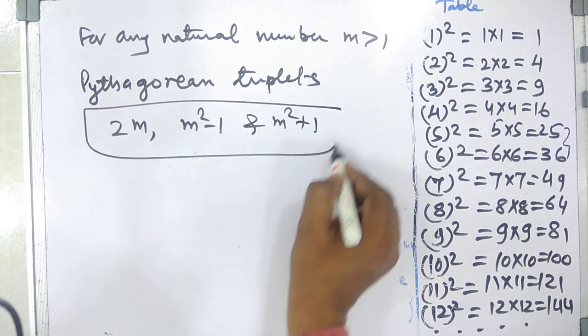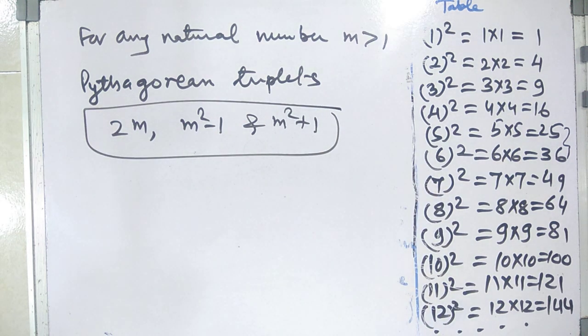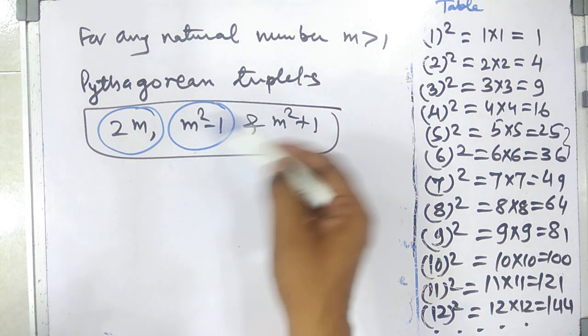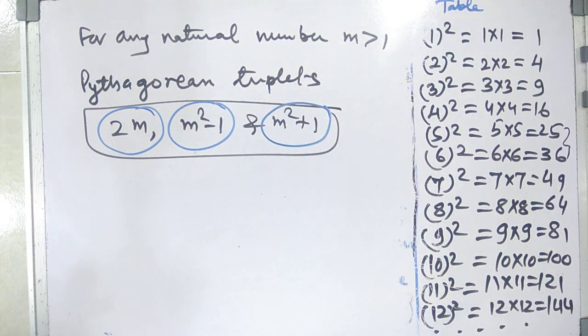This is the formula, students. How to find the Pythagorean triplets? Use this formula. 2m is the first member, m square minus 1 is the second member, and m square plus 1 is the third member, students.